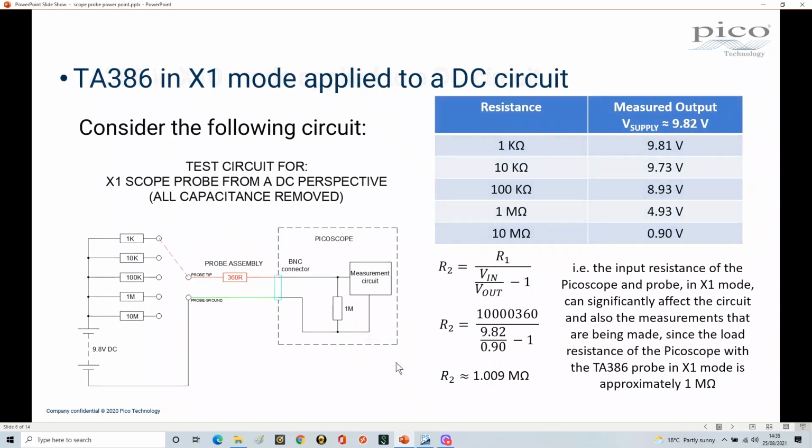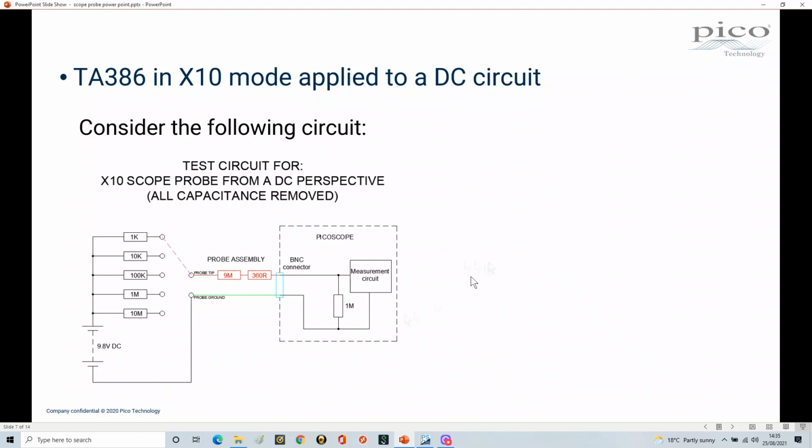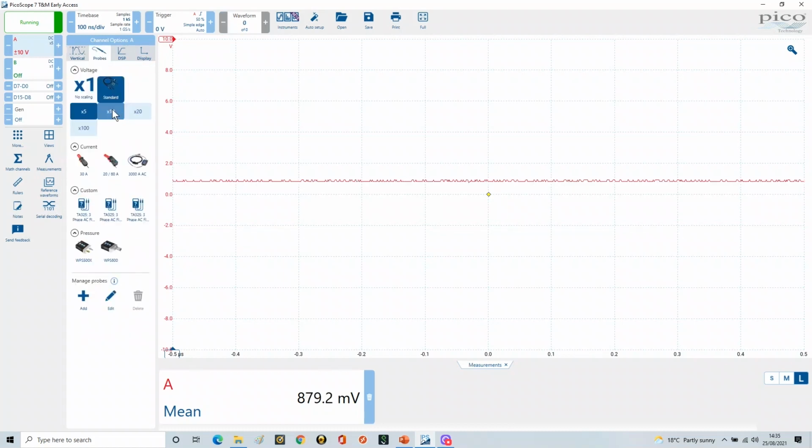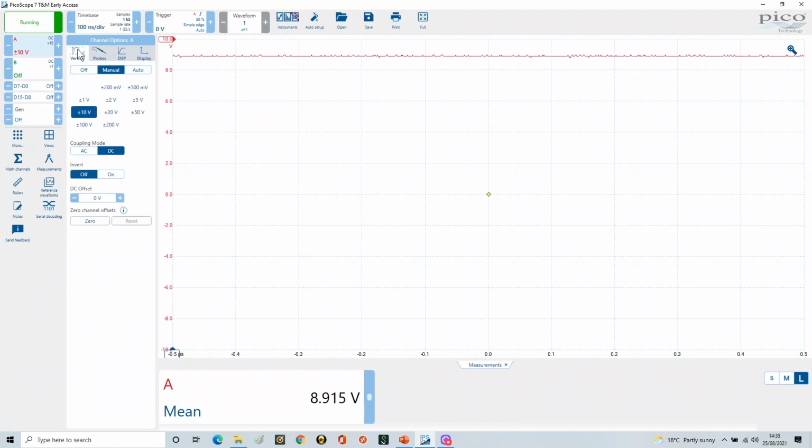So we're going to change this, and this is the ×10. Now in a ×10 probe, it switches in a 9 meg resistor. This gives our 10:1 ratio here. So we're going to do the same test all over again, but we're going to change our setup. I'm going to change the probe to ×10 and make sure the vertical is still on that.